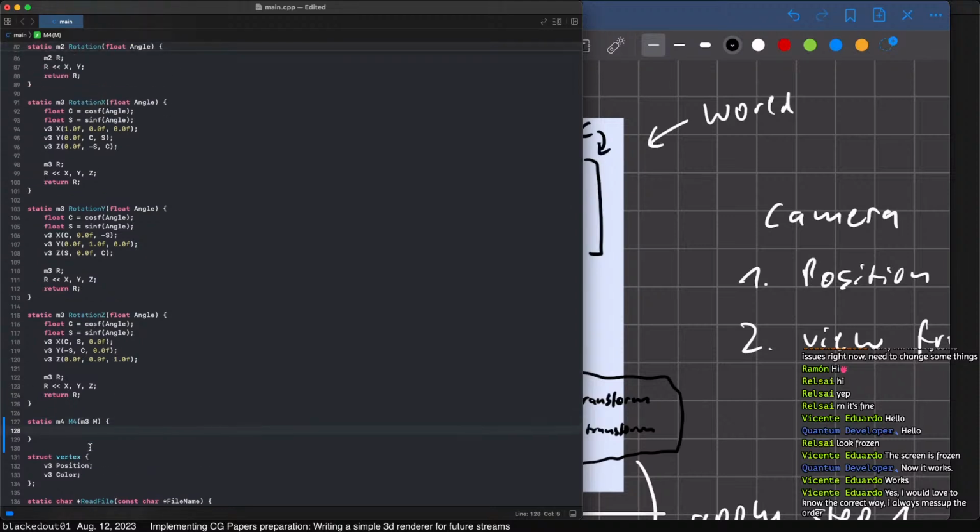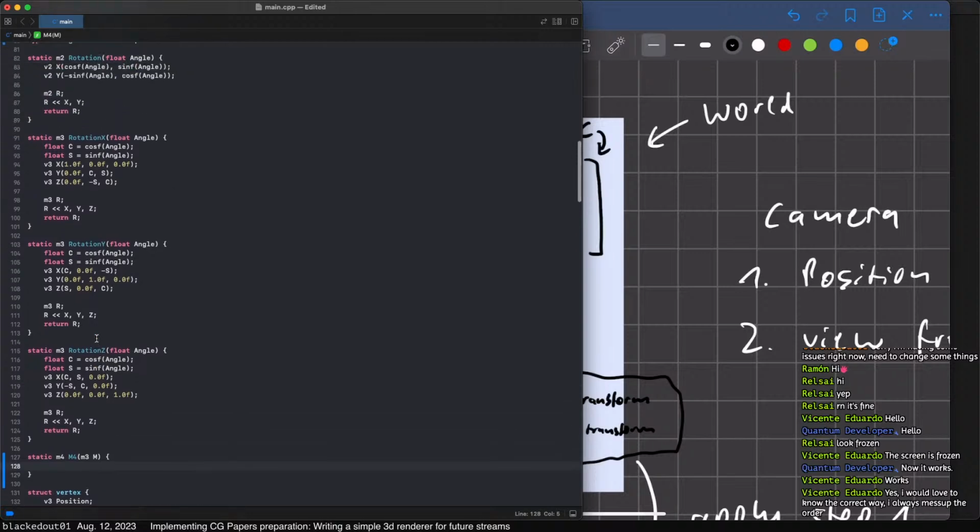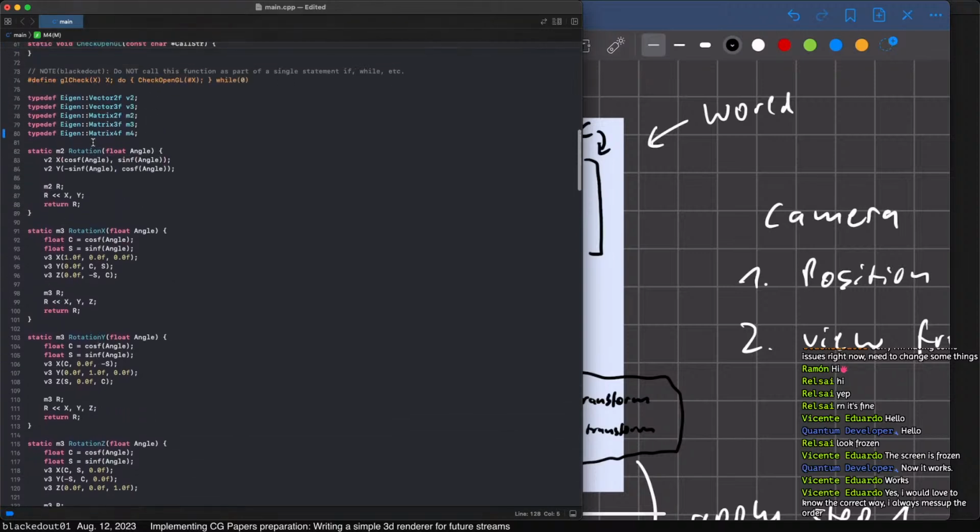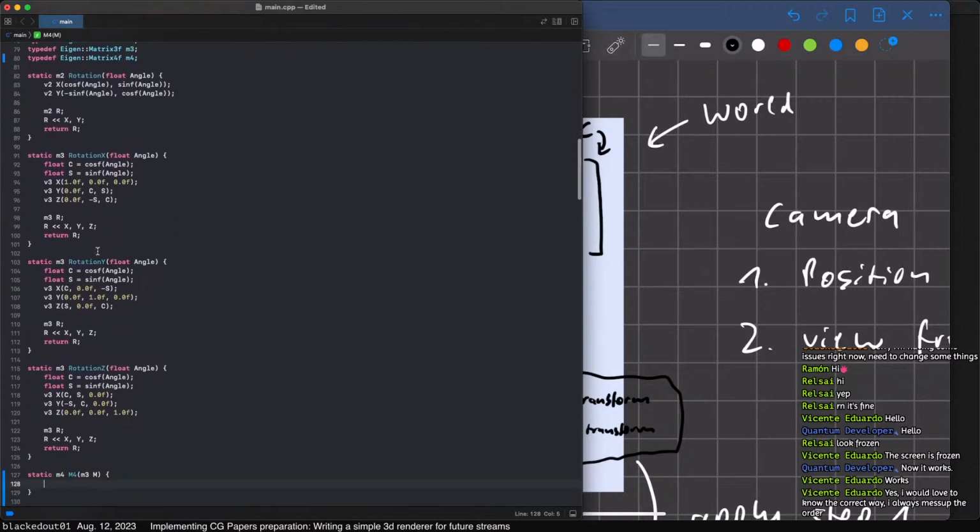And the confusing part is now how I access the elements in this Eigen matrix, because I'm not sure.